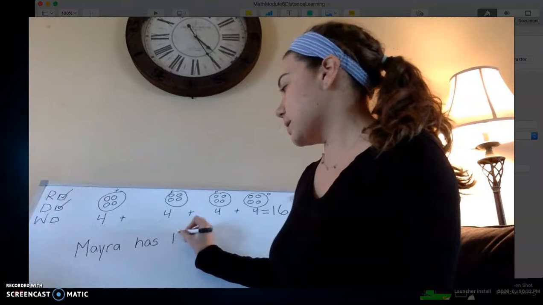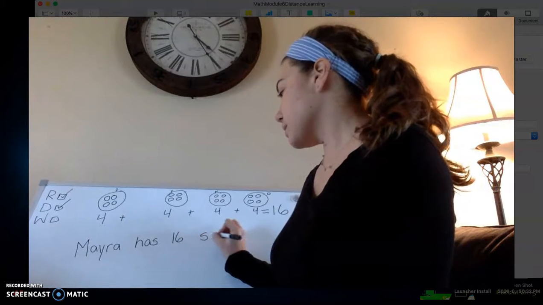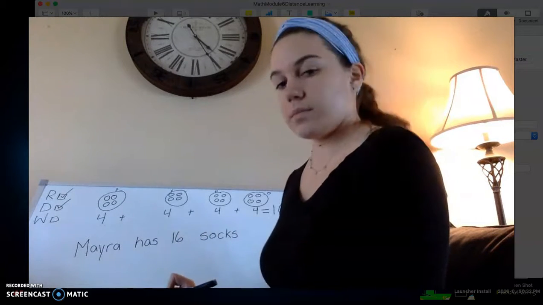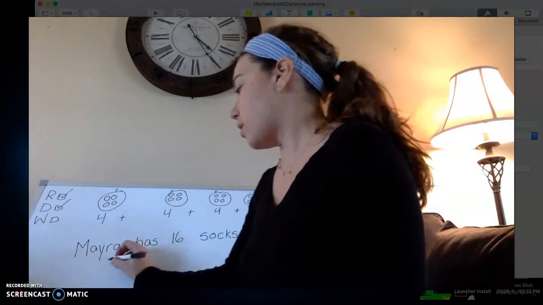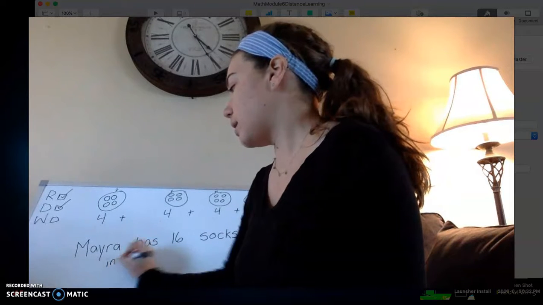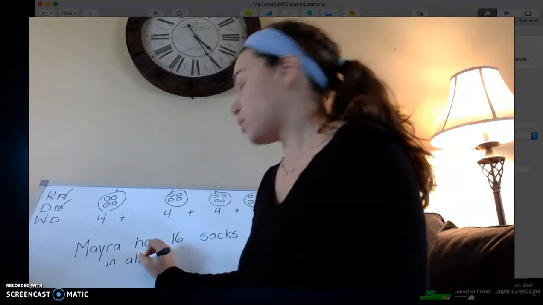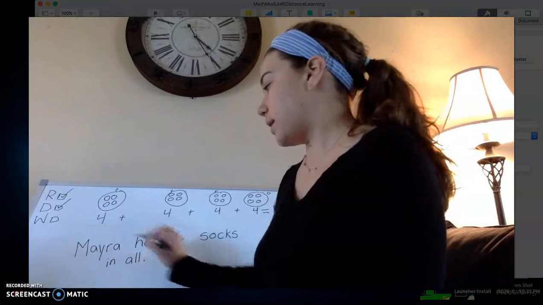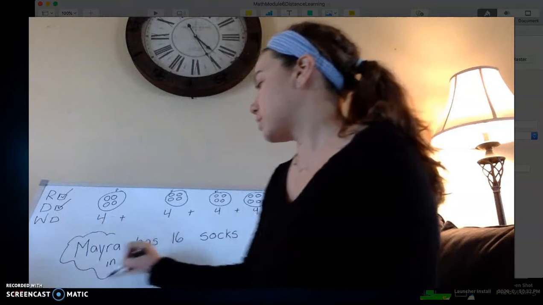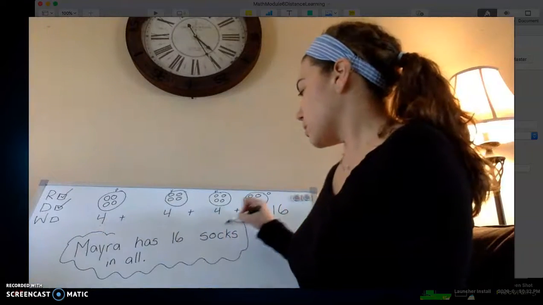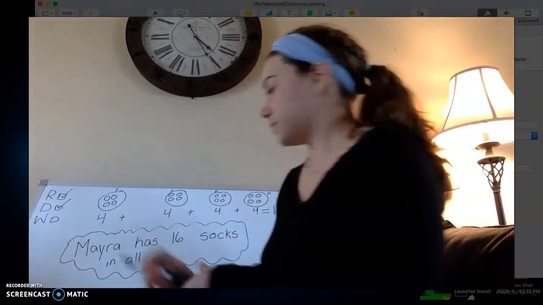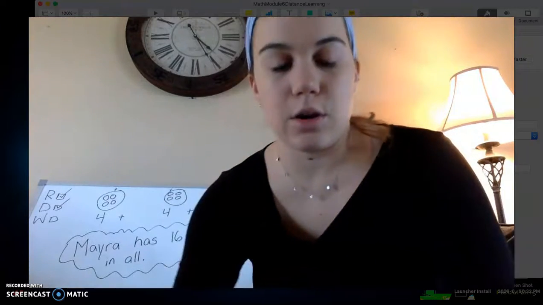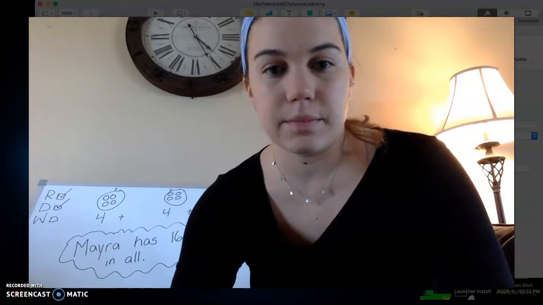Good, 16 socks in all. What goes at the end of our sentence? Good, a period, and I'm going to put it in my little cloud. Very nice job. So I'm going to go back to our PowerPoint.